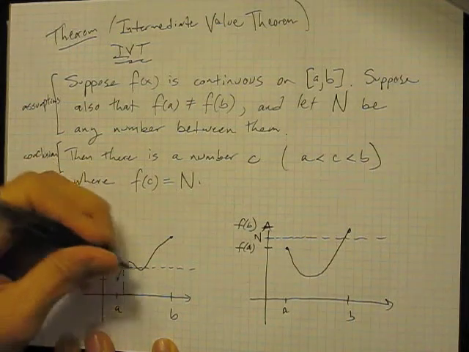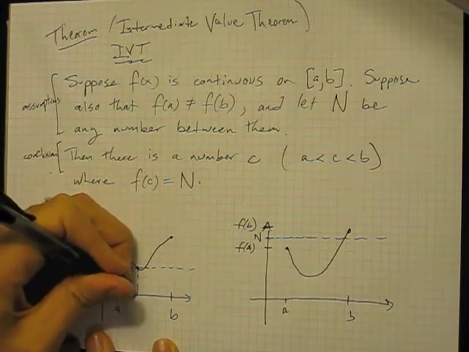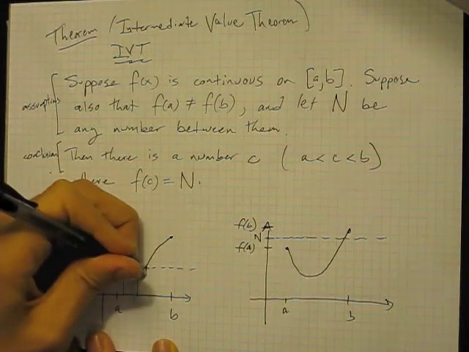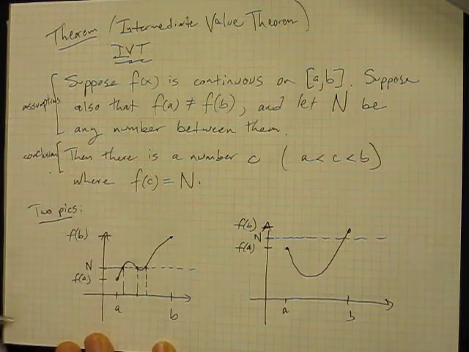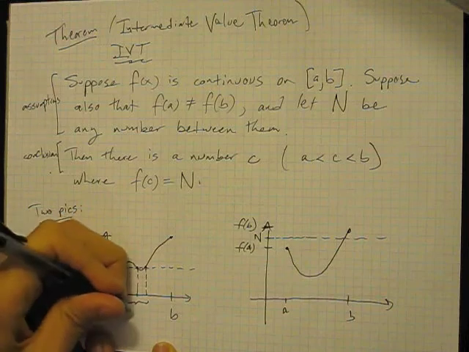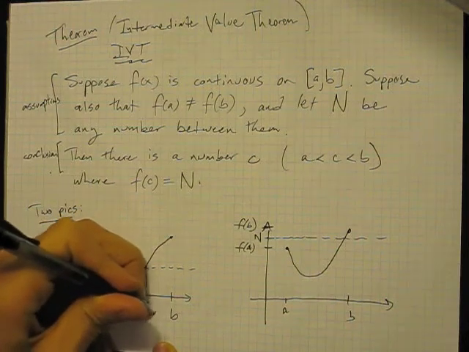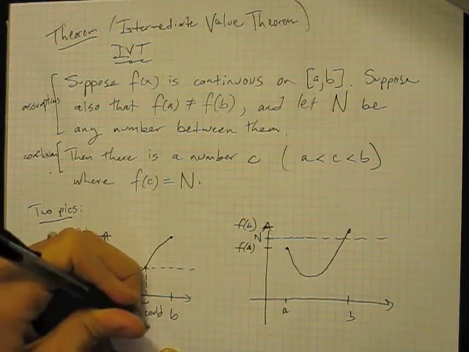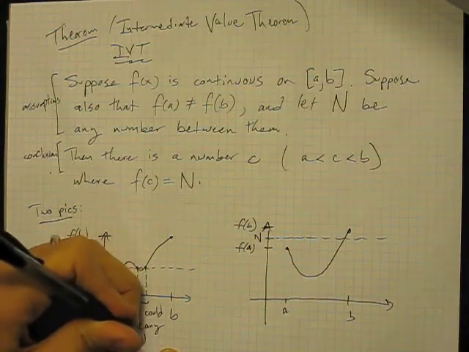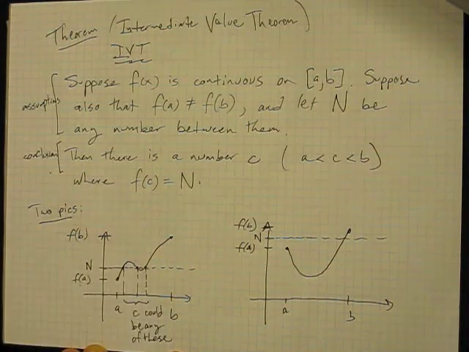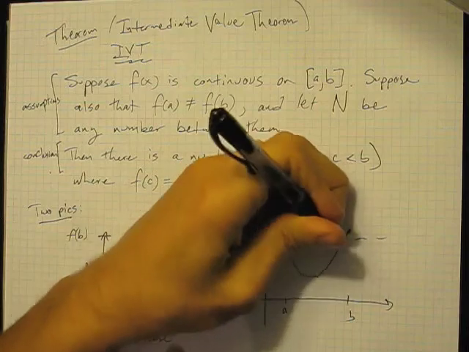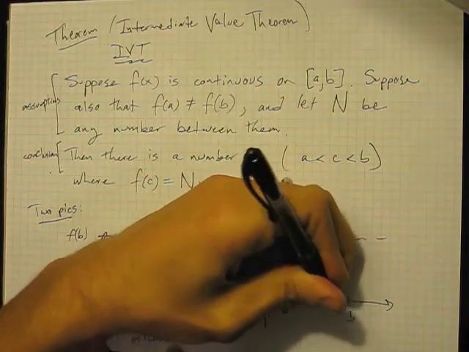There's one possible number, there's another possible number, and there's another possible number. So C could be any of these. Any of these in this case, and here, well, C is that number.